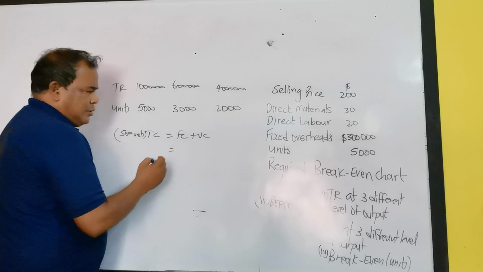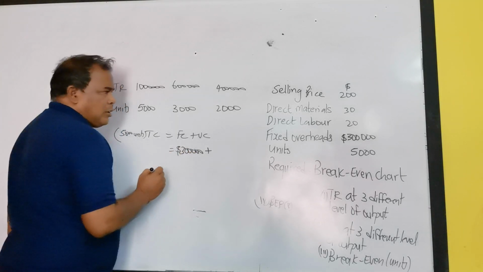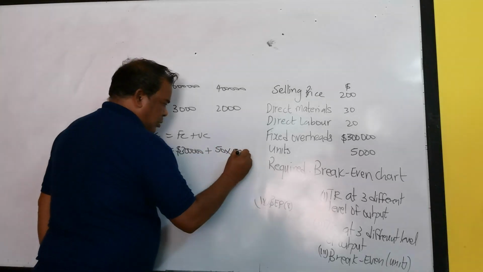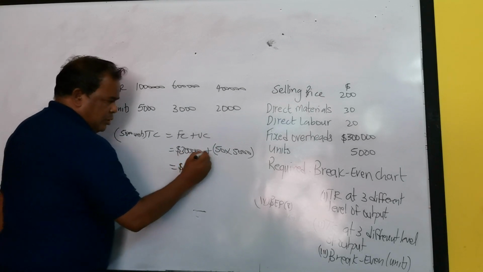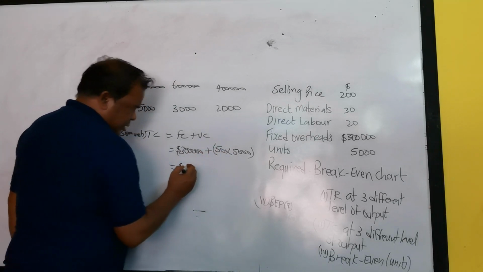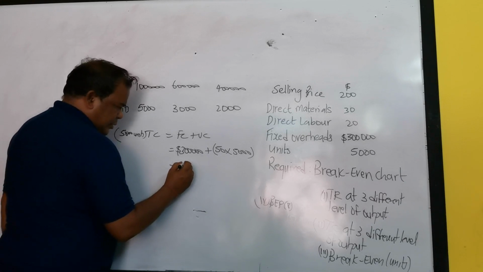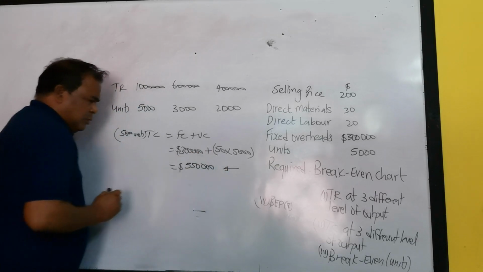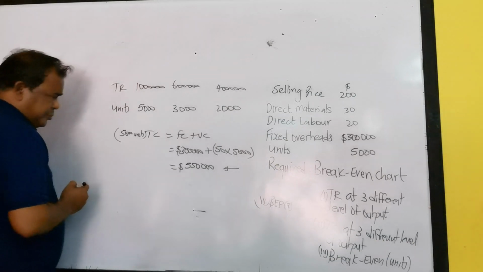Fixed cost 300,000 plus variable cost 50 per unit times 5,000. This gives us 300,000 plus 250,000, which makes 550,000. This is the total cost of 5,000 units.